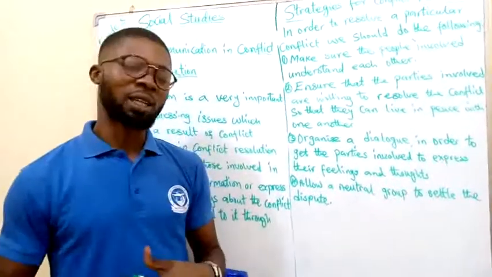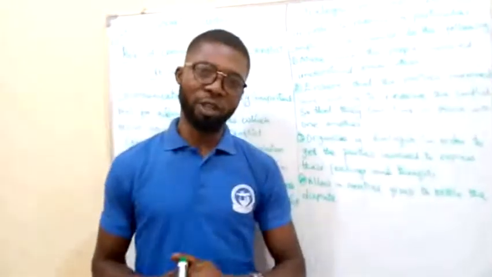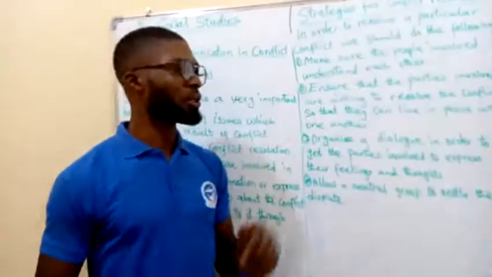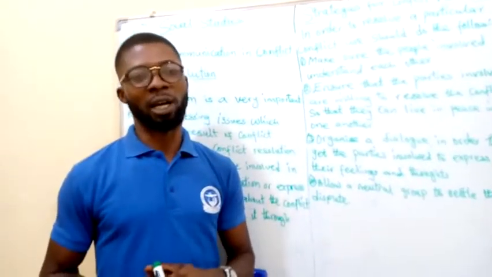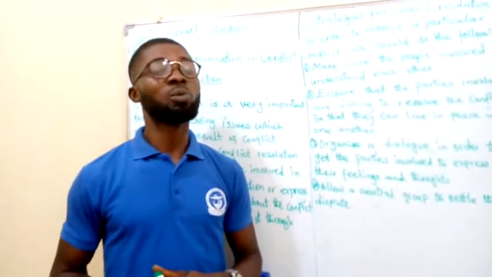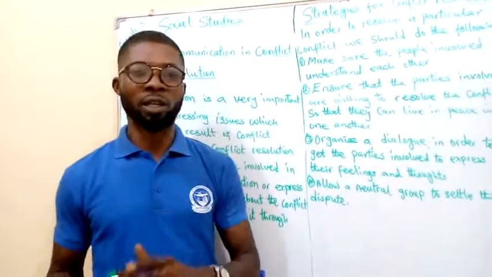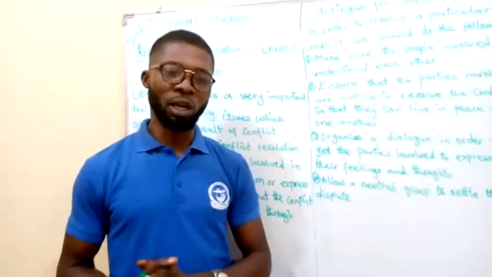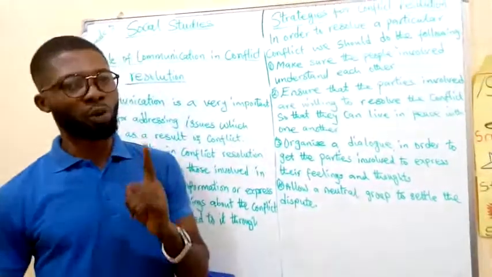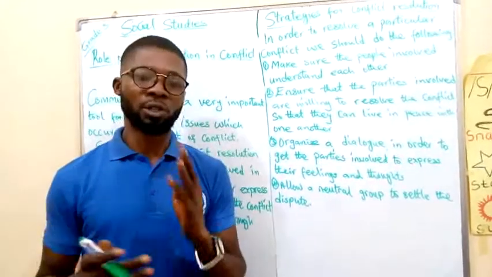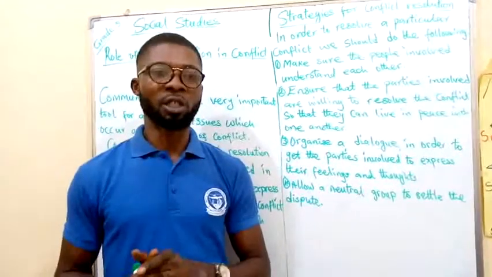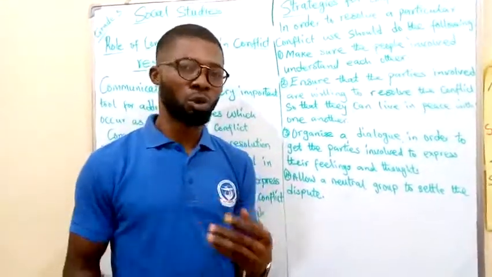Another thing that can stop conflict is the willingness to resolve conflict. Most times when people are in conflict, it's because of their unwillingness to resolve a particular issue. And in the process of forcing those who are not willing to resolve a particular conflict, you rather create more conflict.